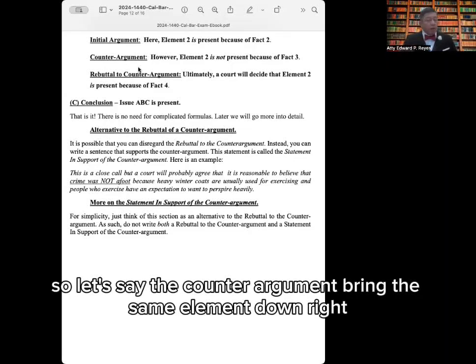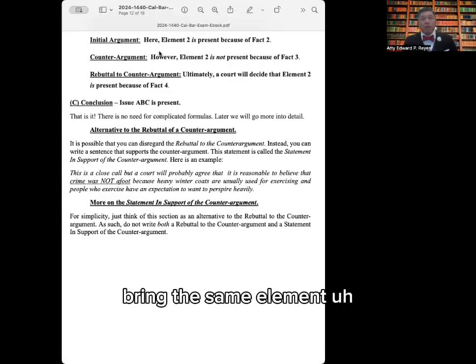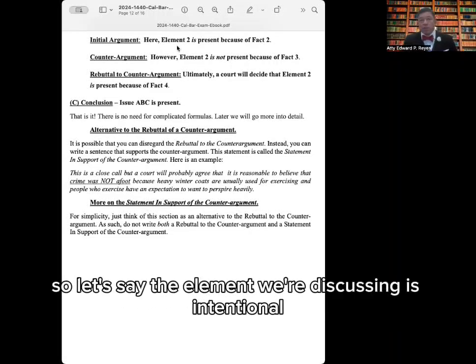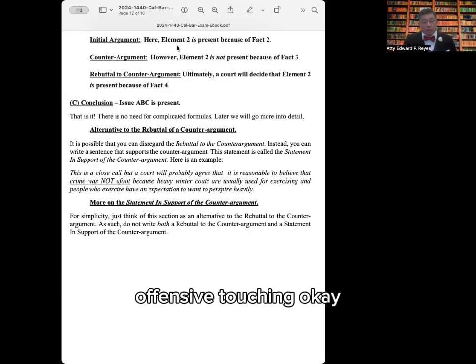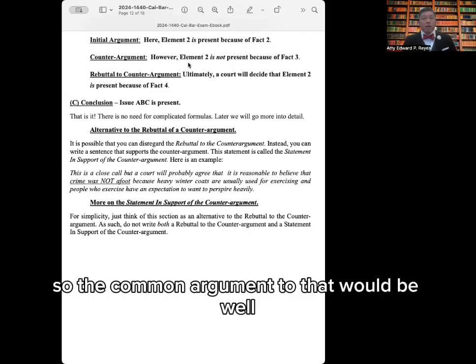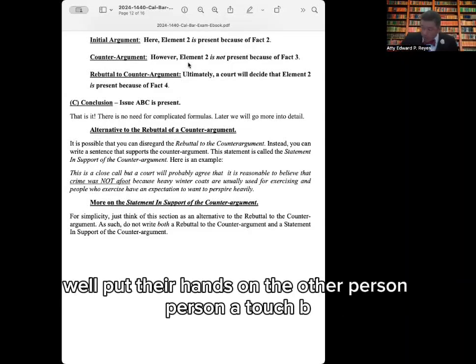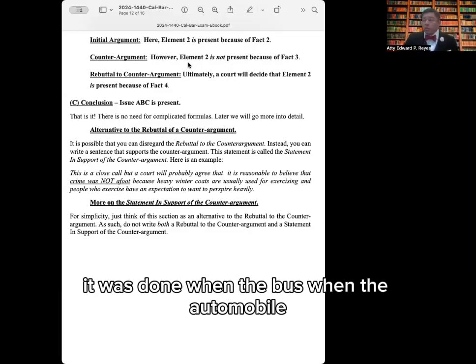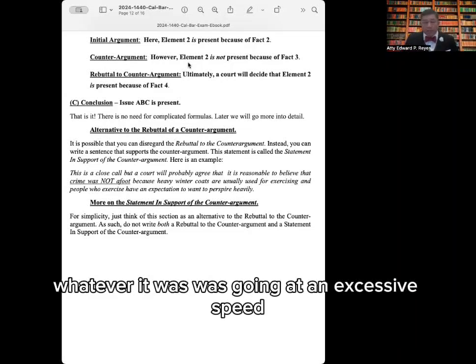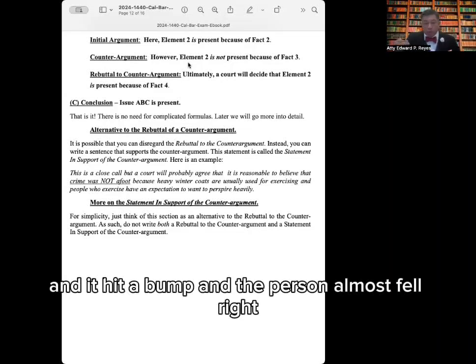So let's say the counter argument, bring the same element down, right? Intentional offensive touching. So the counter argument would be, well, there is no intentional offensive touching because when person A touched B, it was done when the automobile, whatever it was, was going at an excessive speed and it hit a bump and the person almost fell.